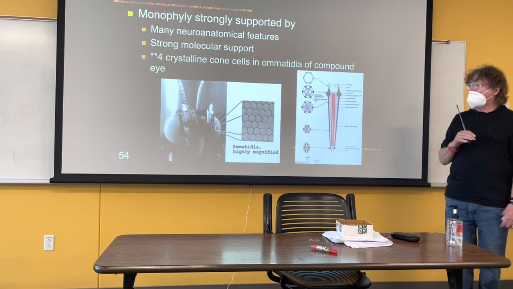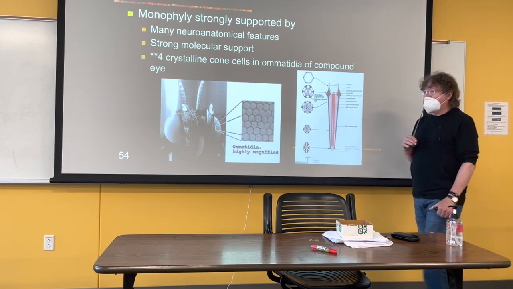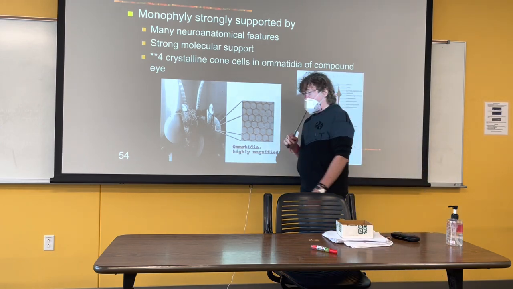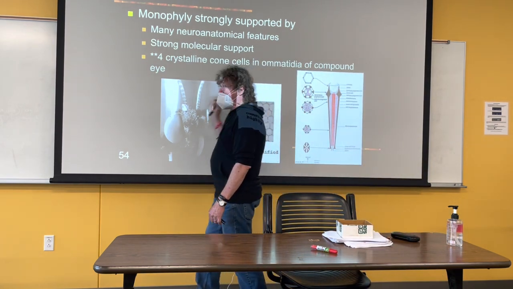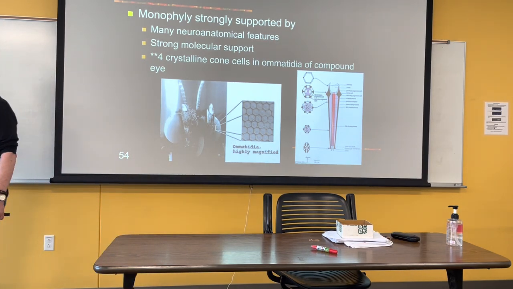Horseshoe crabs, I think, also have compound eyes, and even some trilobites had compound eyes, but they did not consist of structures called ommatidia.